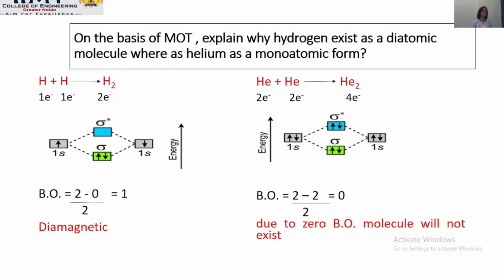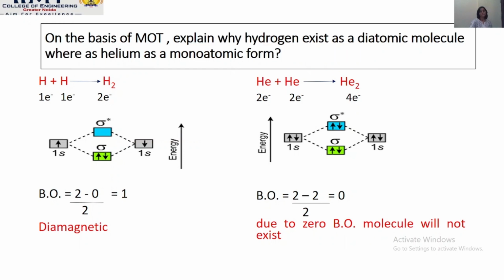So the bond order of the hydrogen molecule is 1 and all the electrons are paired, so it shows diamagnetic nature. In the figure of the helium molecule, it shows 2 electrons in bonding and 2 electrons in antibonding. So the bond order of the helium molecule is 0. Due to the 0 bond order, the molecule will not exist.